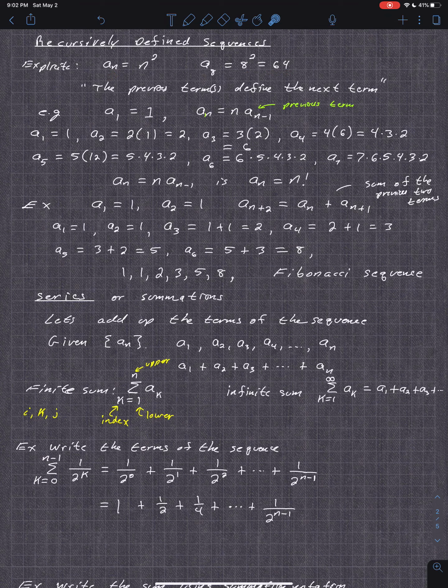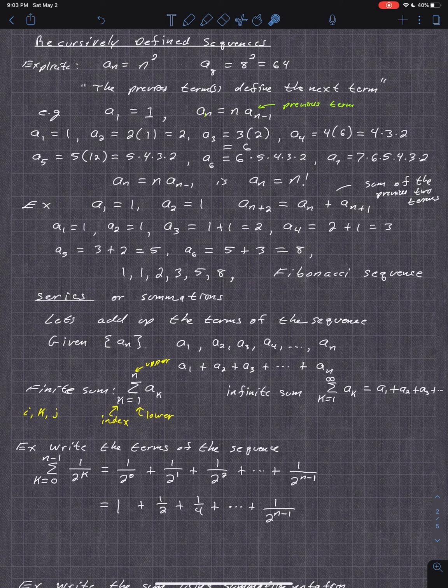So in a recursively defined sequence, we say the previous terms define the next term. Now, it could be the previous 1 term, or there could be the previous 2 terms, or it could be even the previous 3 terms. Those define what the next term is.